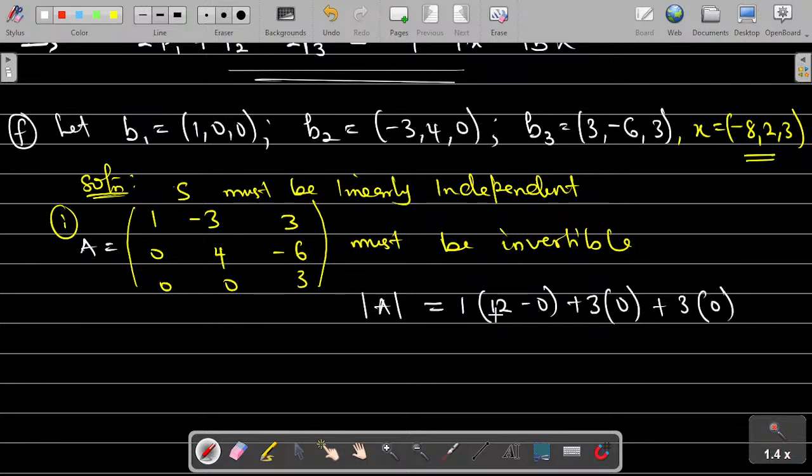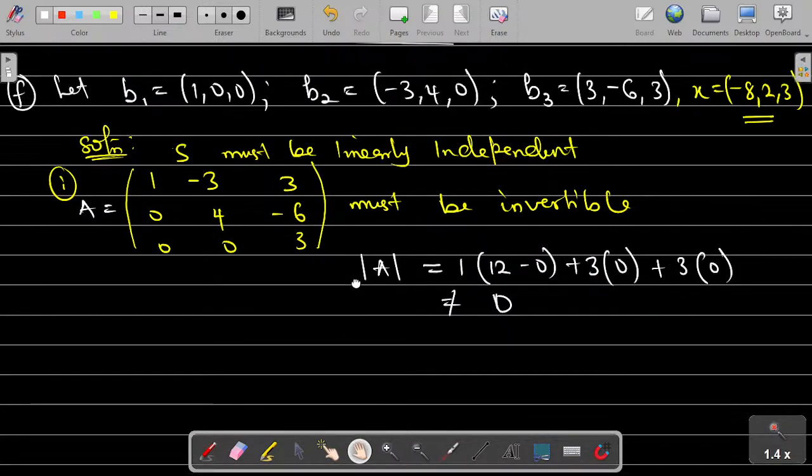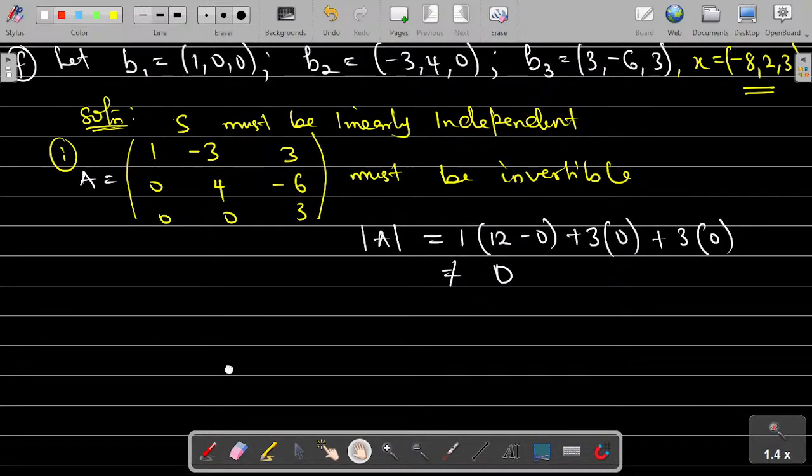So with this alone, you know that your determinant is equal to a number, so it's not equal to 0. Therefore this matrix is invertible, and so we can now conclude that the set S is linearly independent.